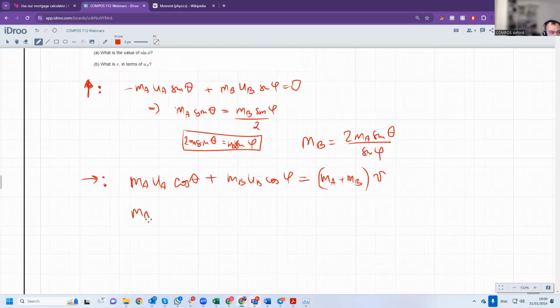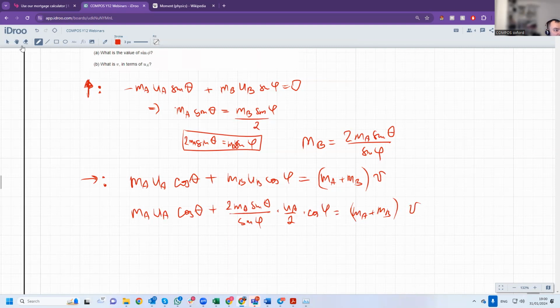So MA UA cos theta plus MB, which is 2 MA sine theta divided by sine phi, multiplied by UA divided by 2, multiplied by cos phi, equals MA plus MB times V.